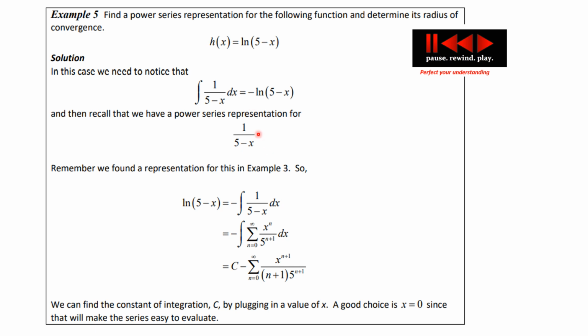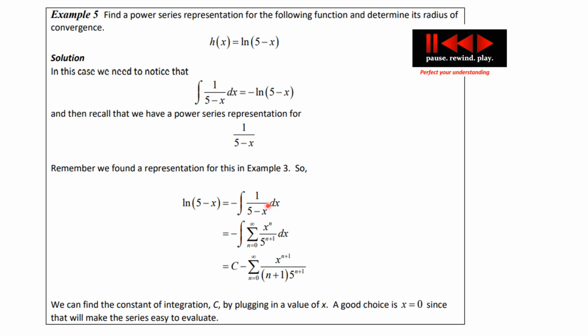But earlier, we found the power series representation for 1 over 5 minus x in an earlier example. So if we integrate the power series representation term by term, and here we're acknowledging the minus sign and moving the minus sign to the other side, we get this.